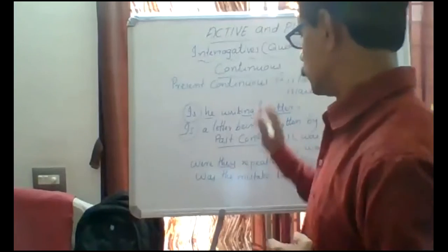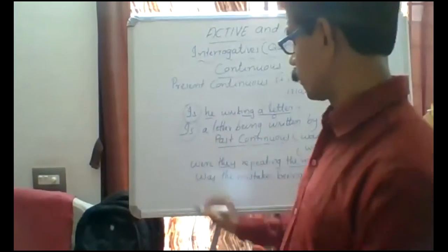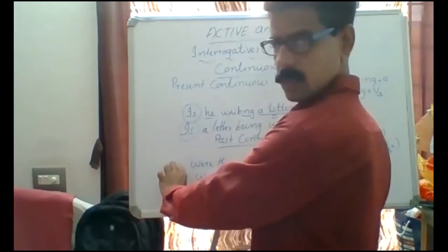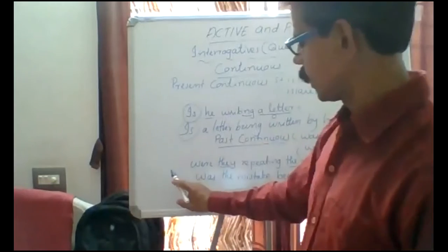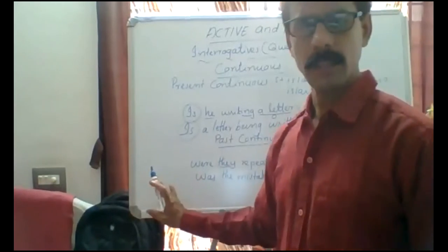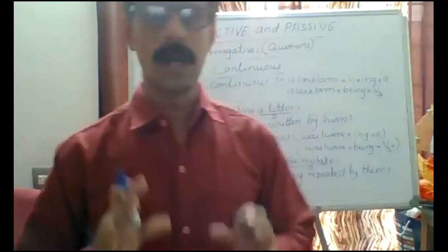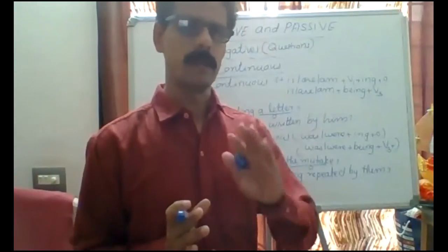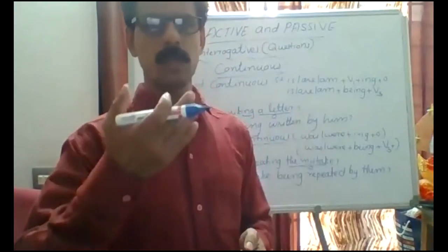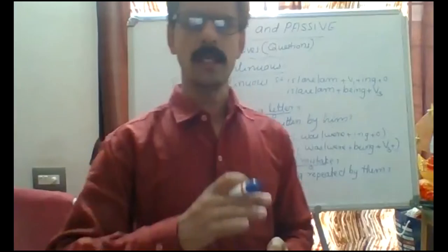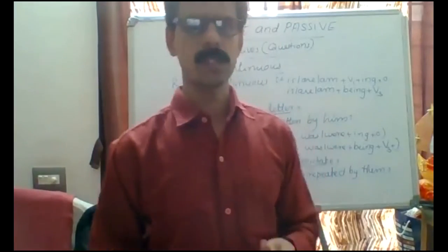And if you want WH questions here, you add the question word at the beginning of the sentence: what, which, when, where, why, depending on the kind of question. Based on the question, we must start the passive construction again with the same question word.